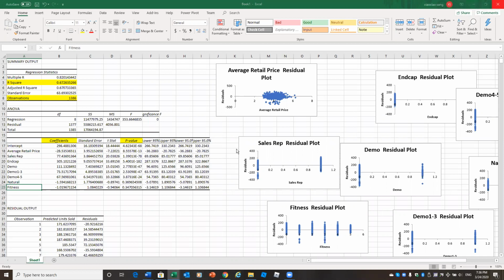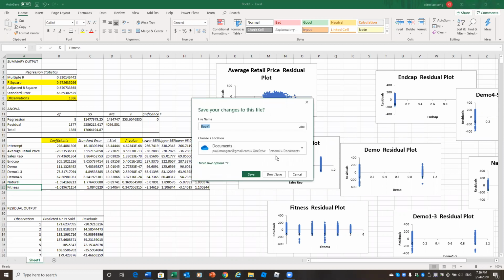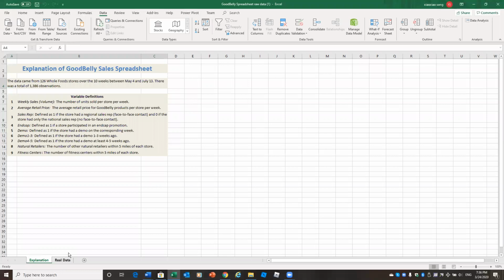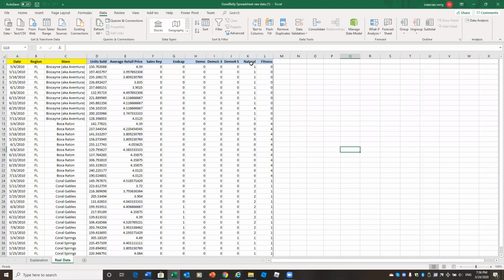So I close this one. I don't want to save it. We go to our original raw data, and we said the natural retailers and the fitness center are not significant. So we do the same thing, but we don't include those two variables.